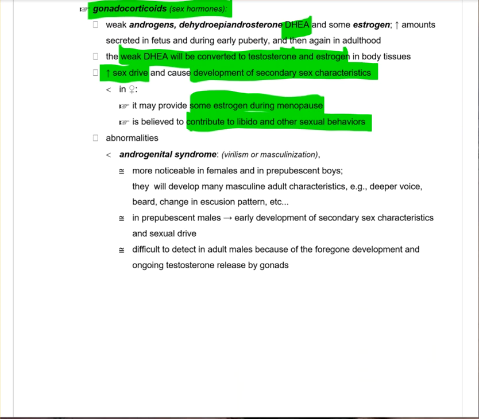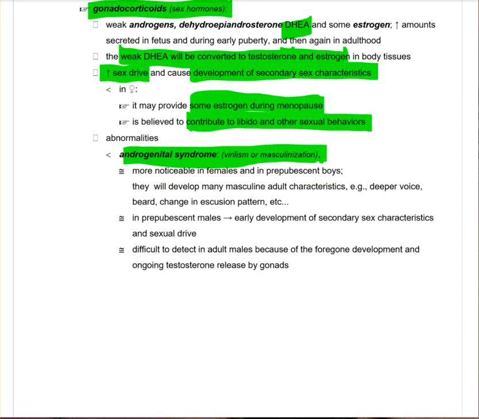All right, so abnormalities. Well, one of them is androgenital syndrome, which is virilism or masculinization. And this is usually more noticeable in females or in prepubescent boys. And this is where we would have a large amount of these hormones, these gonadocorticoids, being released.